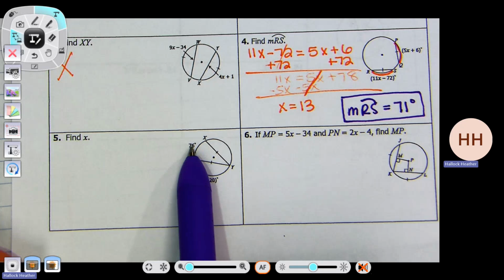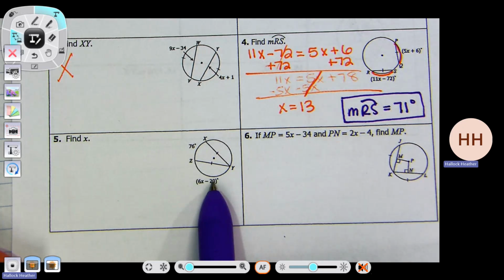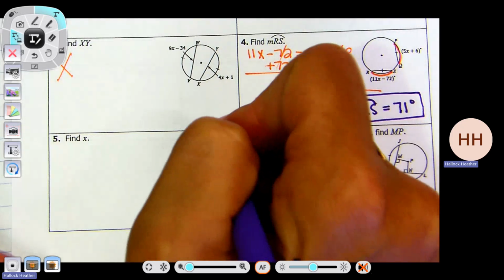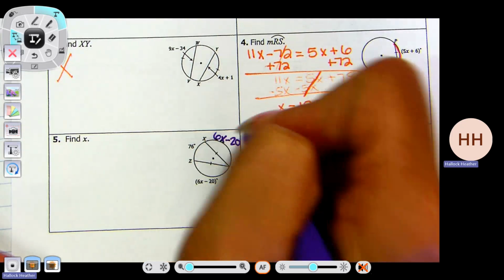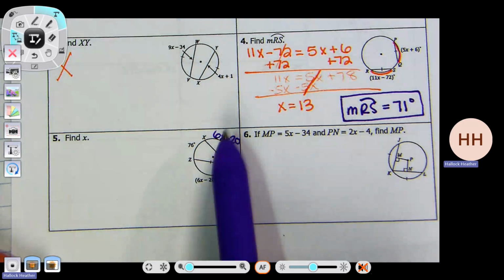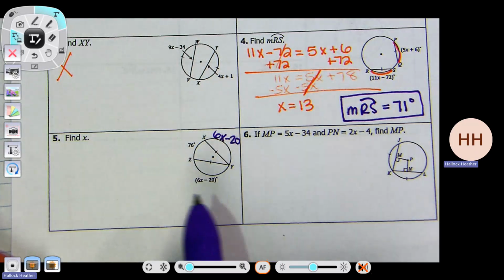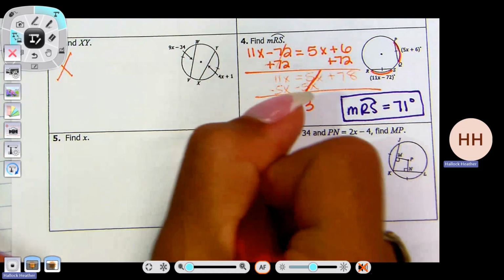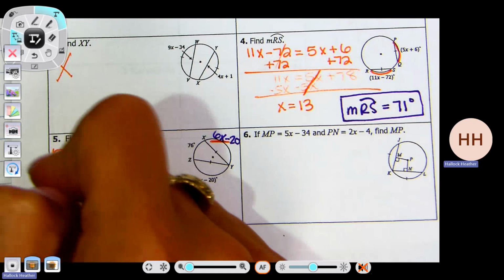So if this is 76, this is 6x minus 20. Where else can 6x minus 20 go? The other side. And then you're adding up everything to make 360 because a full circle makes 360. You could write out a really long equation, or you could just combine like terms now. If I combine my x's, 6x and 6x makes how much? 12x.